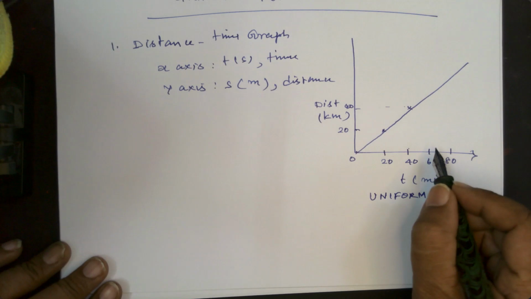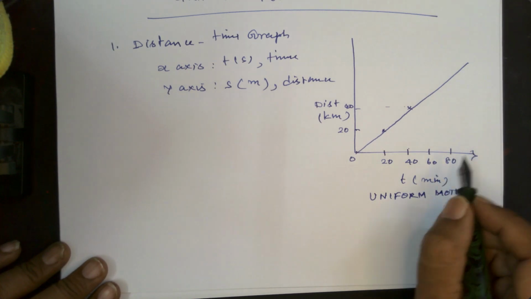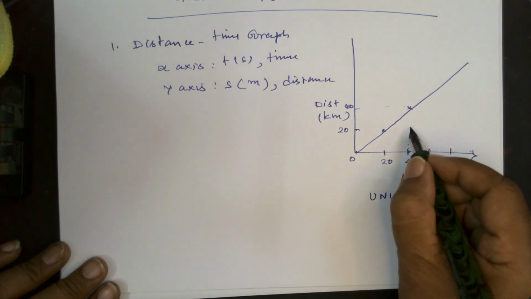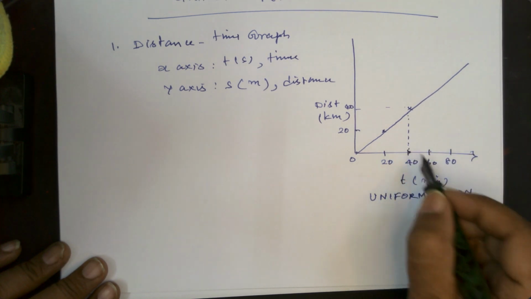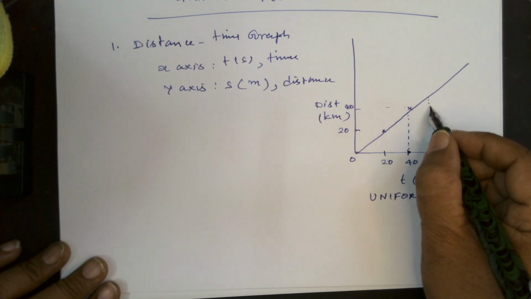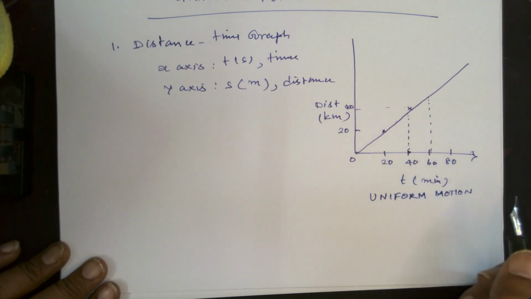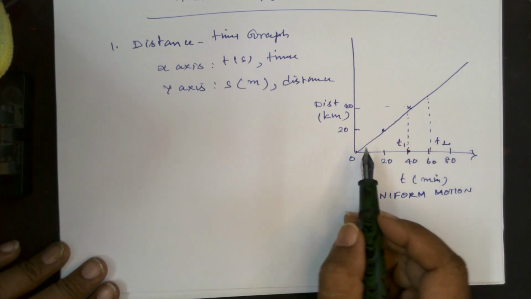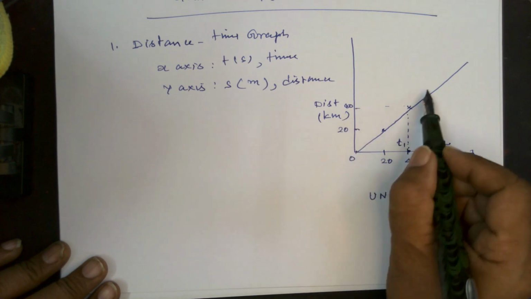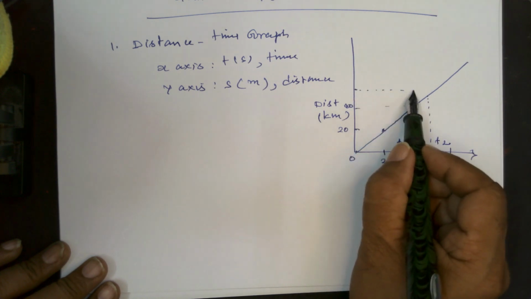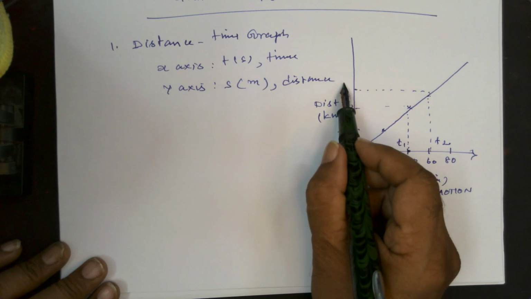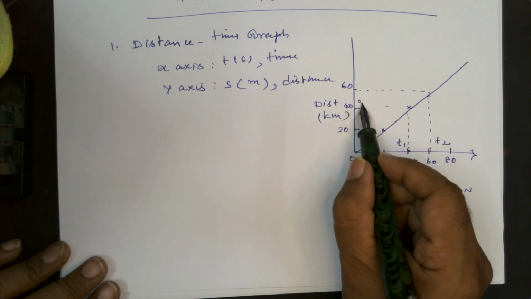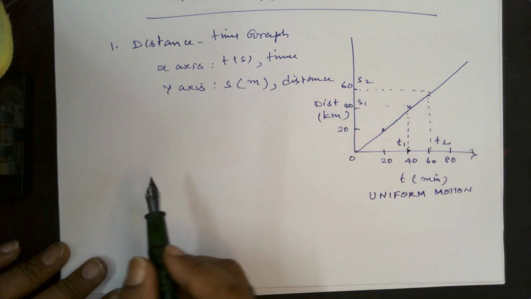Let us mark some place between 40 and 60. So let me say this is 40, this is 60. Let me call it T1, T2. At that time, what is the distance traveled? Let me call this one S1 and this is S2.